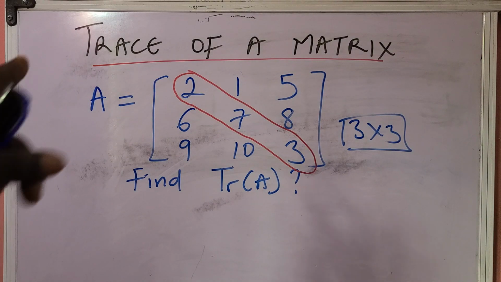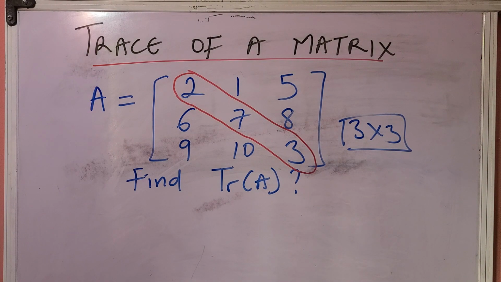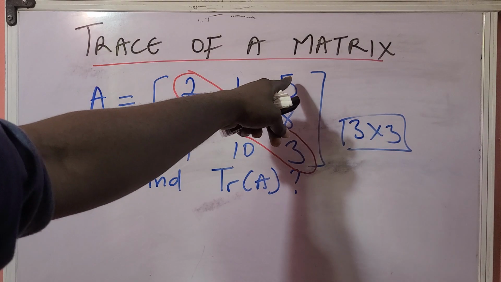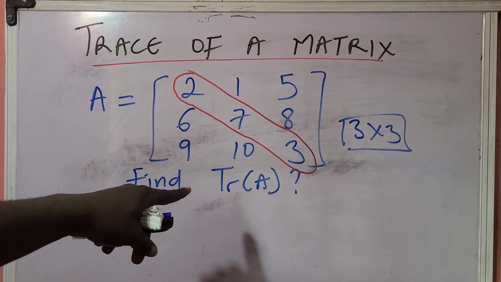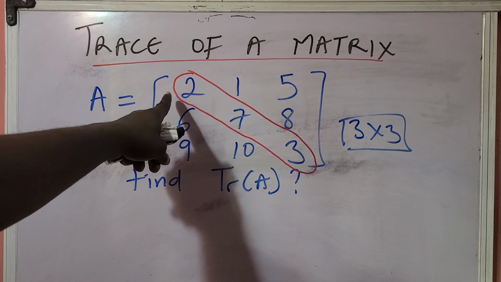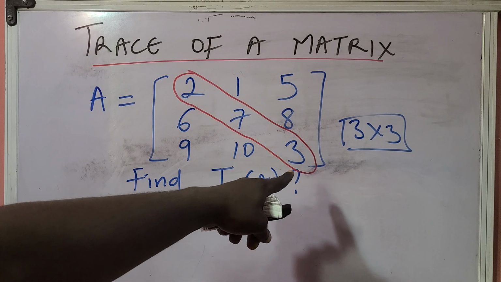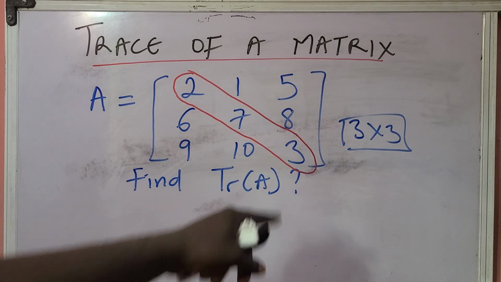So this is the leading diagonal. Of course, we also have a diagonal here, but this is not the leading diagonal. The leading diagonal starts from the top left and ends at the bottom right.